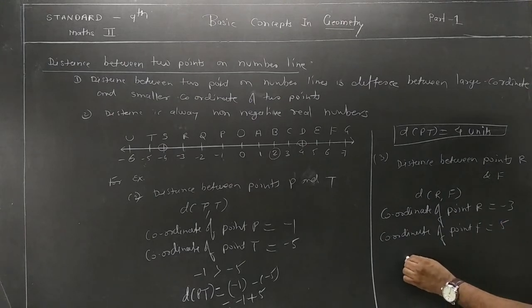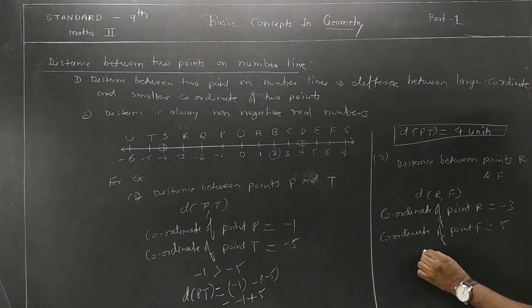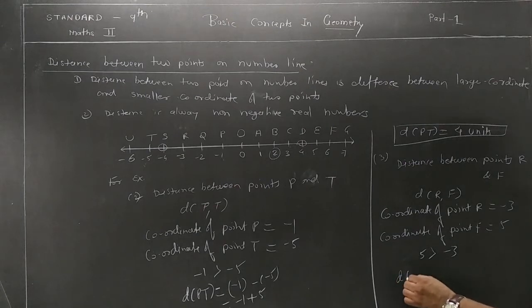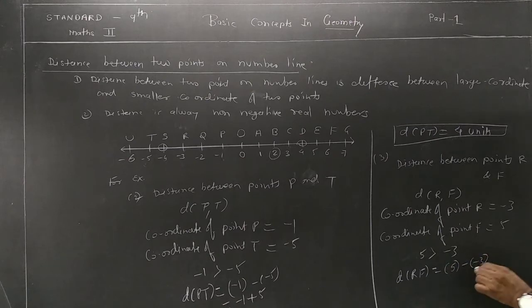So which one is greater? 5 is always greater than what? -3. So distance RF is equal to 5 minus -3. That becomes 5 plus 3. So distance RF is equal to 8 units.